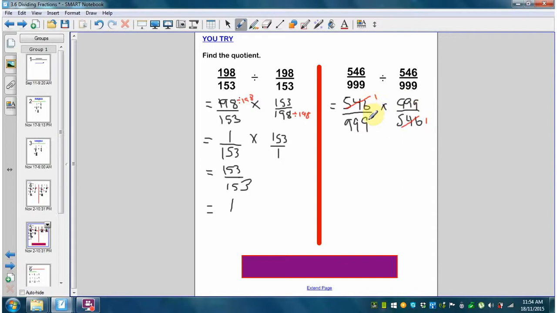And we can do the same thing with this corner. So 999 divided by 999 is 1. And this corner, 999, divided by itself is 1. So now we got 1 over 1 times 1 over 1, which at the end of the day just equals 1.